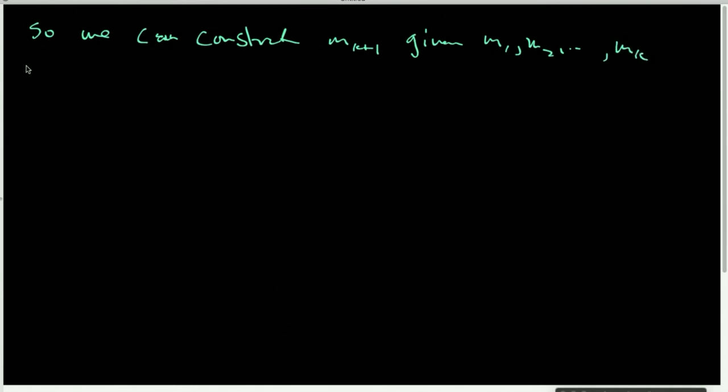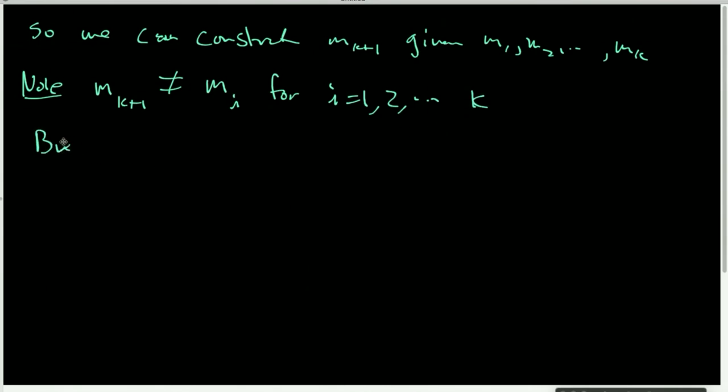Now, it's also important to finally note that our new point M_{k+1} cannot be equal to any of the previous M's all the way up to k, because M_i is not going to be inside this tiny little delta ball, because this tiny little delta ball is smaller.